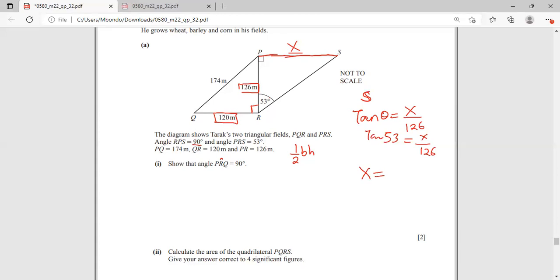So this gives us what? 167.28. I can put it at this point maybe.